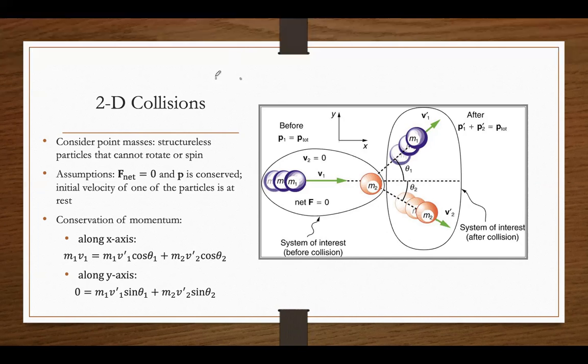So we've got point masses, and in our system of interest, we're assuming that our net external force is 0 and that momentum is conserved. We're also going to assume that the initial velocity of one of the particles is at rest.